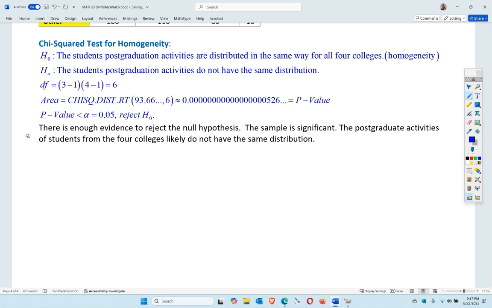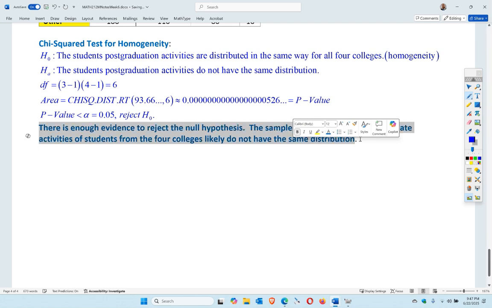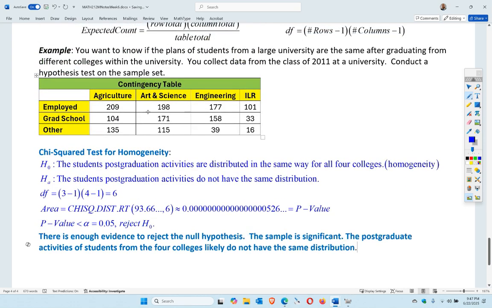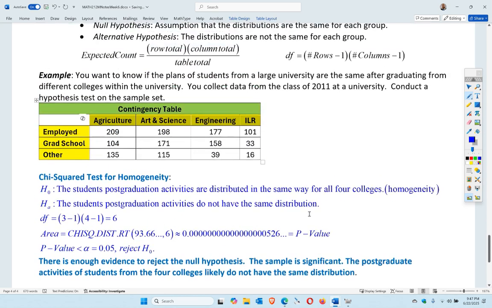As to what that distribution is, we don't know. It doesn't really matter. We're just saying they're not the same. That's the point, right? So basically, depending where you go to school, the outcome of what you're going to do after school is going to vary, depending on what school you are. So if it wasn't significant, we would have basically said it's the same no matter what. But clearly, it's not essentially. Okay, so that's the end of.